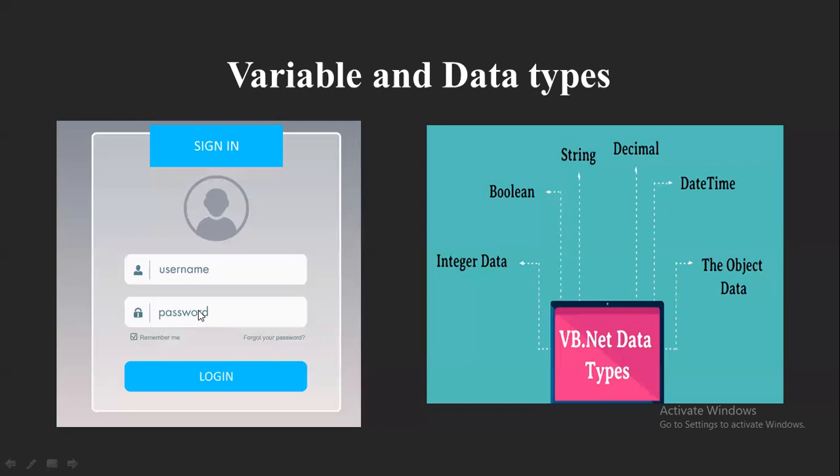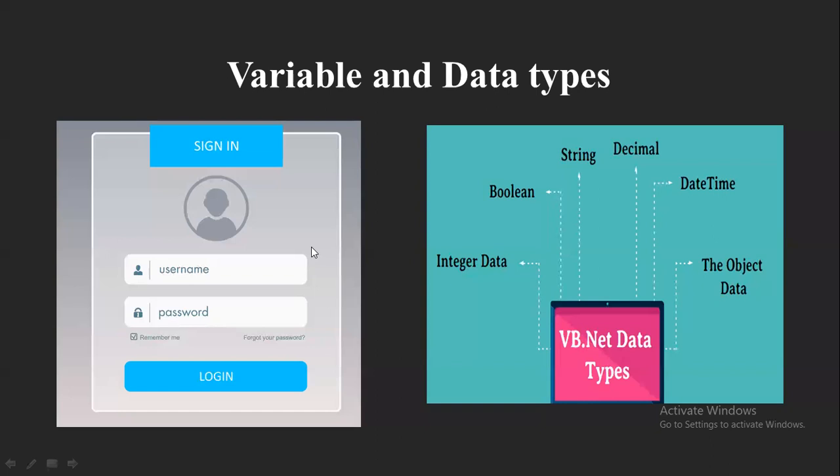If you want to get that data, you have to use integer. Then comes string, then double, and then boolean. These are the basic data types which you can enter.